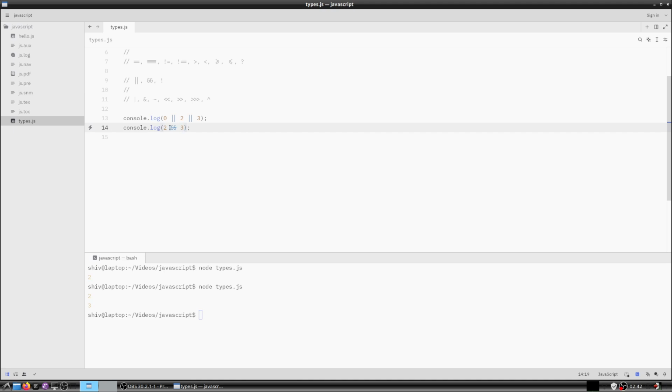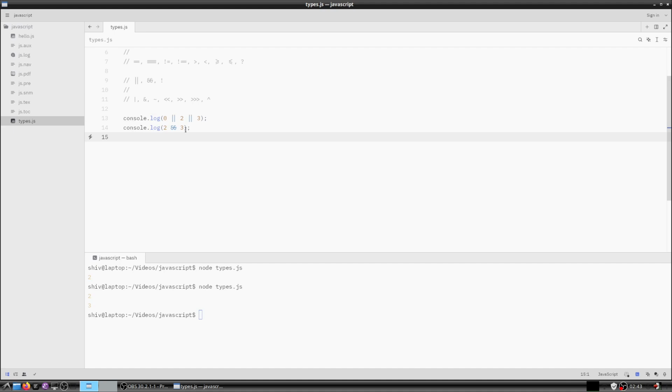So it will short circuit if any of the values is false, but in case of all true values, it will iterate through all of them. So the logical OR operator, double pipe, will short circuit on the first true value, and the AND operator will short circuit on the first false value.